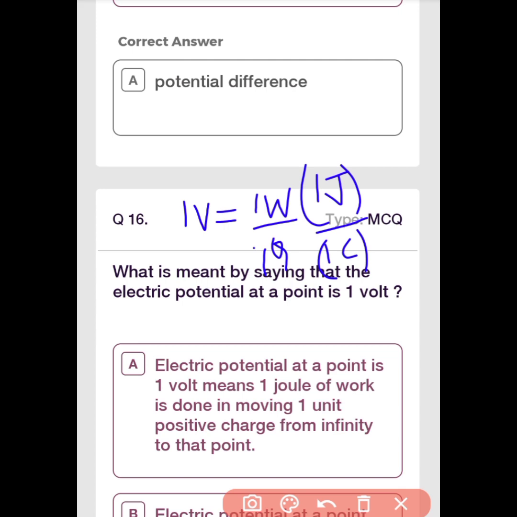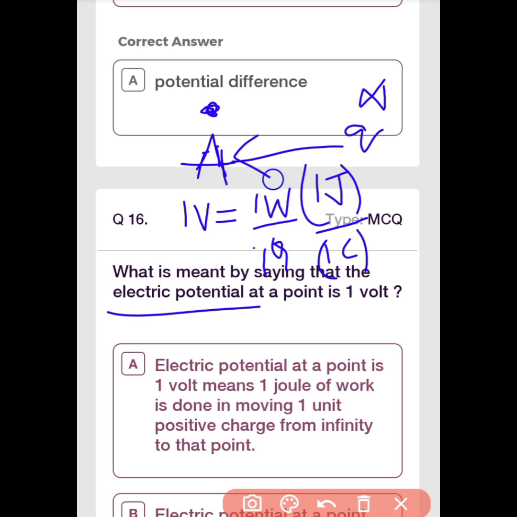So what is electric potential? First you should know the definition for electric potential. It is work done in moving a charge from infinity to that point. Suppose you want to find the electric potential at this point, it can be found by bringing the charge from infinity to this point.